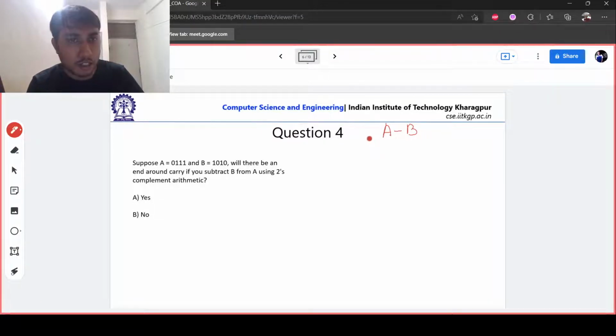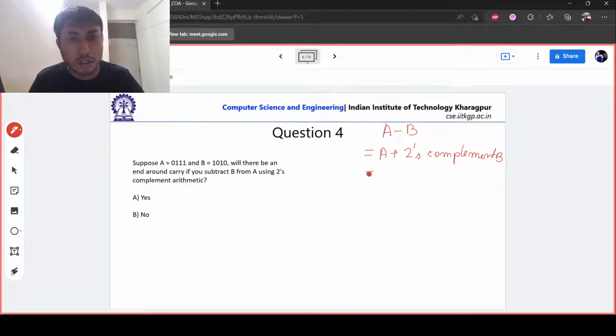So how is subtraction done in 2's complement form? A minus B can be written as A plus 2's complement of B.